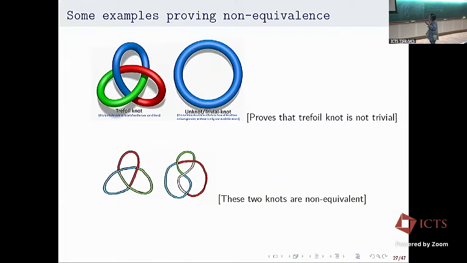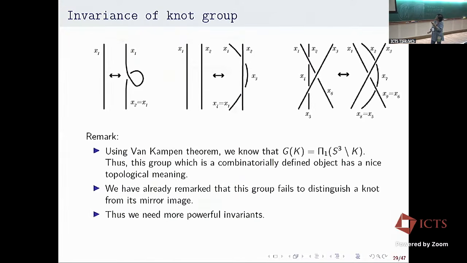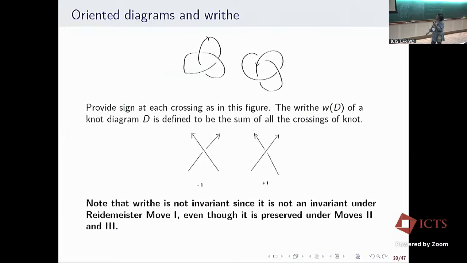But using tricolorability is not easy, as there can be very complicated diagrams. So that coloring is generalized to n-colorability. And for the group also, from the diagram, there are ways to compute the group that I talked about. So I'm skipping that right now.